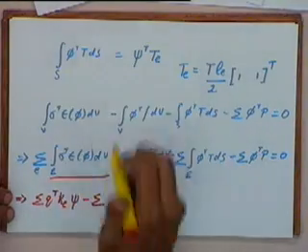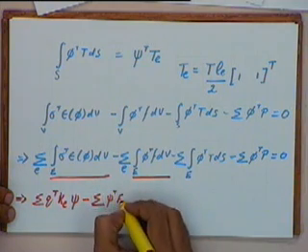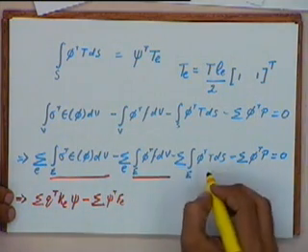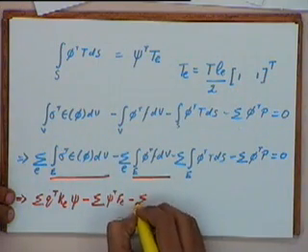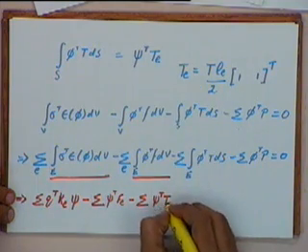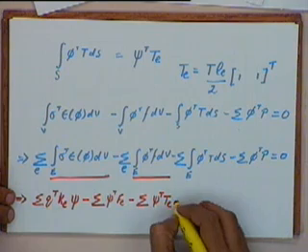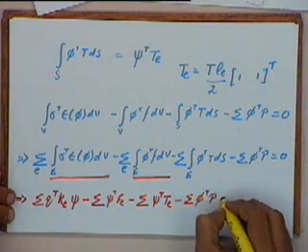So it's a minus summation of psi transpose Fe. This term is what we have just mentioned over here: minus summation of psi transpose times Te, minus summation of phi transpose times P, equal to 0.